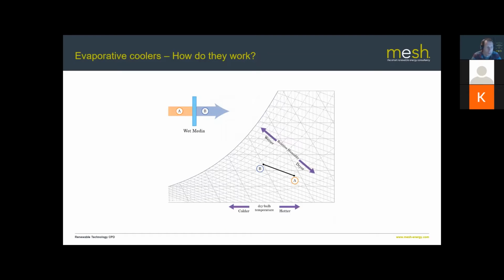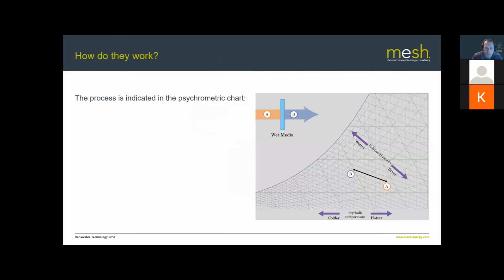And I told you I wasn't going to put too many psychrometric charts in, but I'm going to put this one in just to show you how the physics actually works. So you've got 2 points here, A and B. They're on the same line on the chart, and basically, at point A, the air is at relatively low relative humidity.